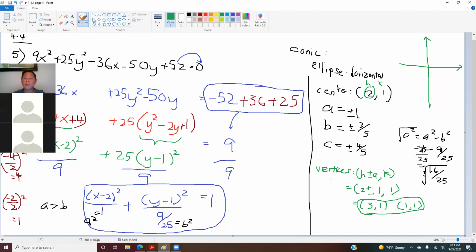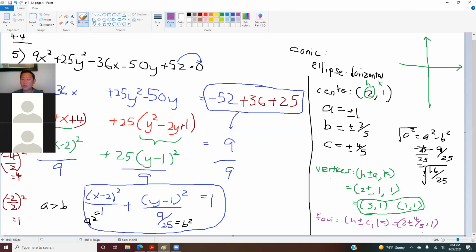And the next thing we're going to talk about here is your foci. Your foci is using C. So it's going to be the same thing, but we don't use A, we use C, H plus minus C, K. So this is what happens when you have it on the horizontal. If you have it on the vertical, then you add plus minus A on the K and plus minus C on the K for the foci. So this will become 2 plus minus C, in this case 4/5, and 1.